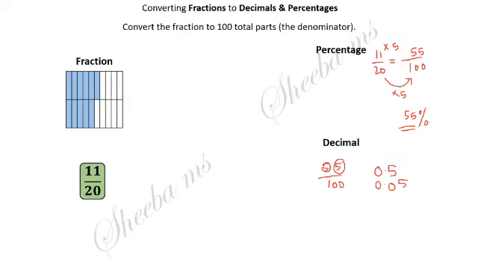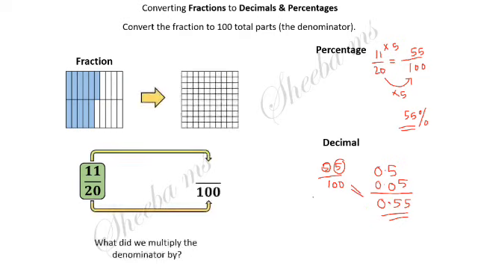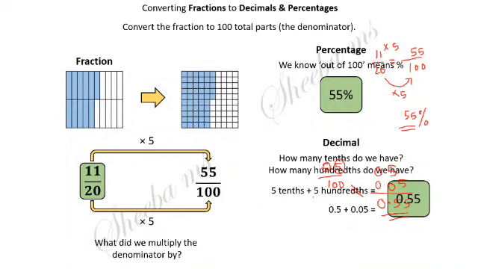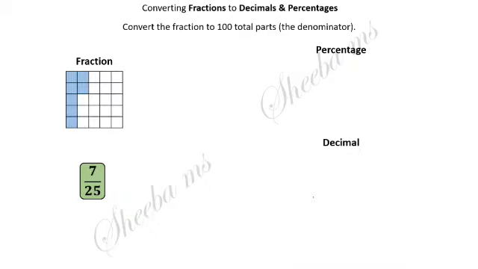So together we can say 0.55. So 55 by 100 we can write in decimal form as 0.55. I think you understand this.